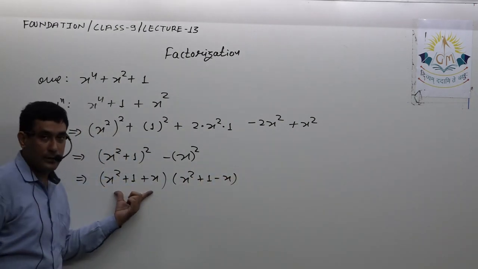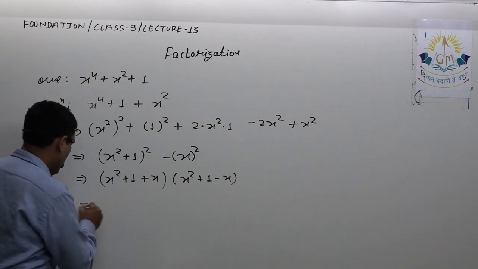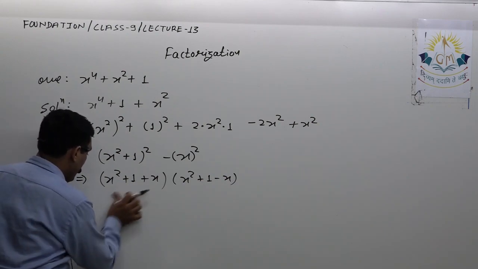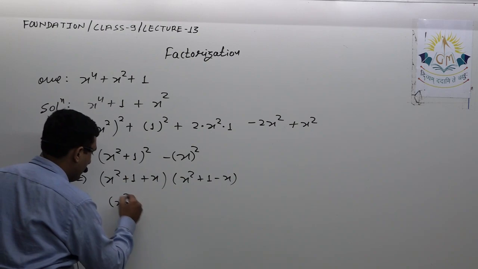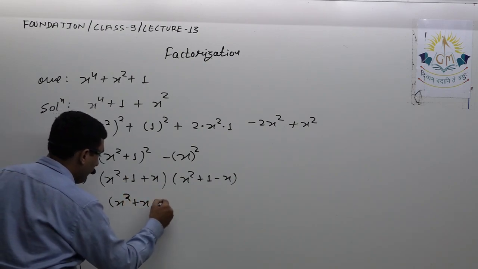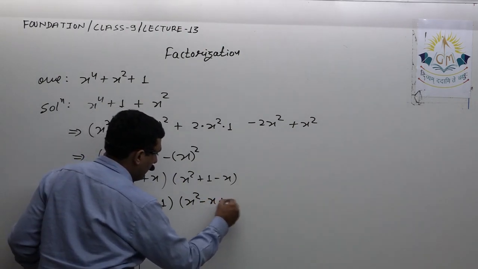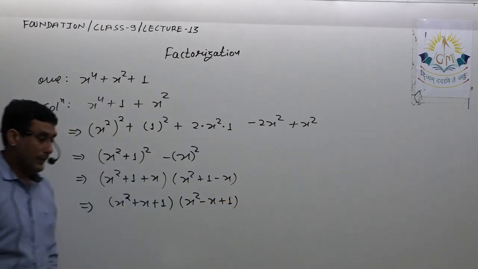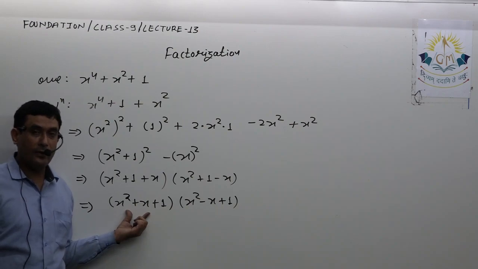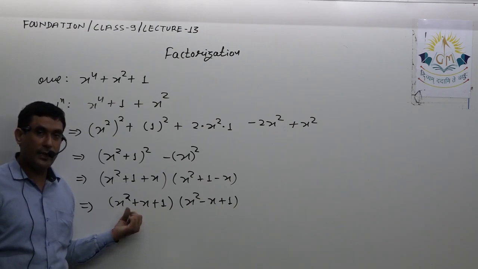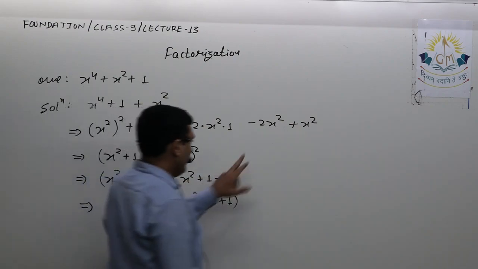Now this is a quadratic polynomial, isn't it? This is a quadratic expression. So let me write first in the standard form: x square plus x plus 1, and over here x square minus x plus 1. Now it is quite possible that we can factorize it further, and for that I gave you a small method.